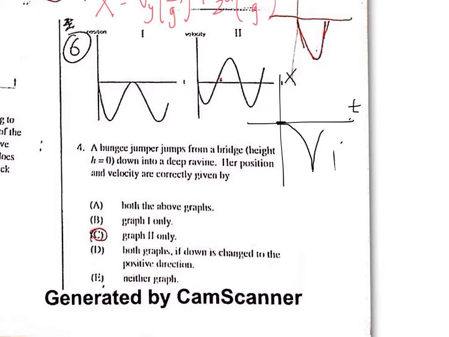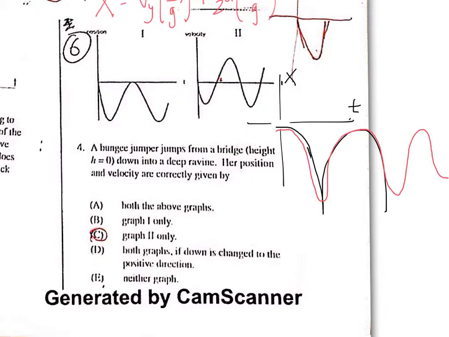So it would be kind of like that, but less extreme. So let's take that and make it less extreme, meaning smooth out the curves, okay? So it'd be kind of like this.